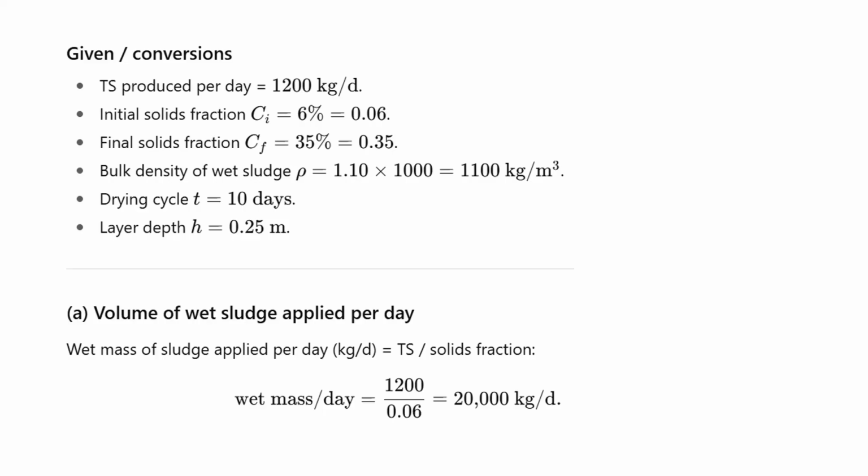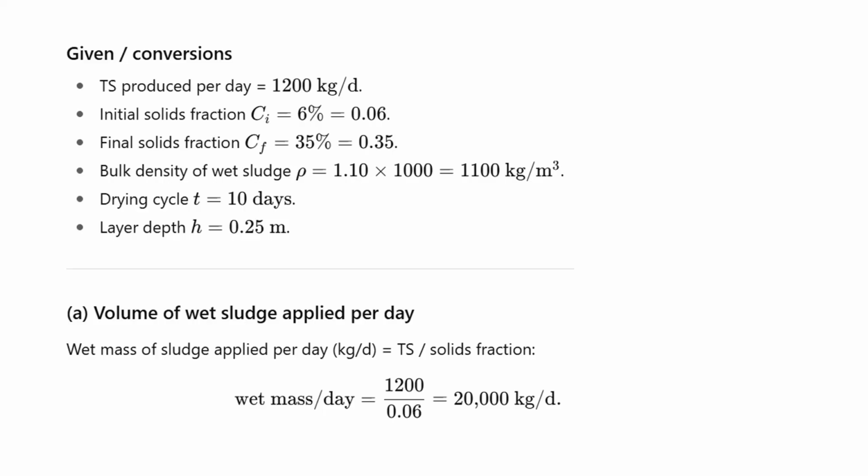Okay, and then rain 10 days, everything. So the volume of wet sludge is nothing but, first, for finding the volume of wet sludge, we need to know the mass of the wet sludge.